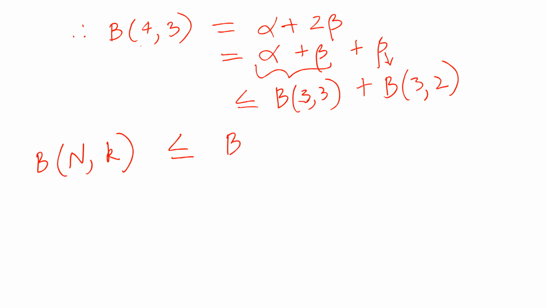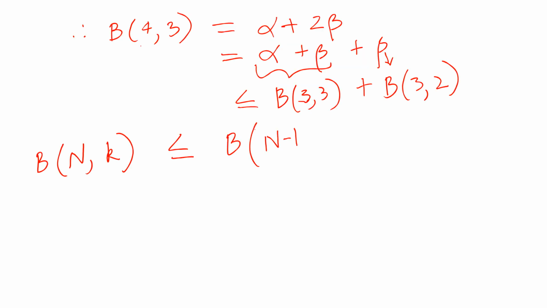So we can generalize this and say B(n,k) is less than or equal to B(n-1,k), so that we minimize confusion, plus B(n-1,k-1).